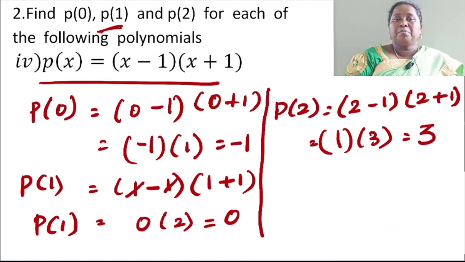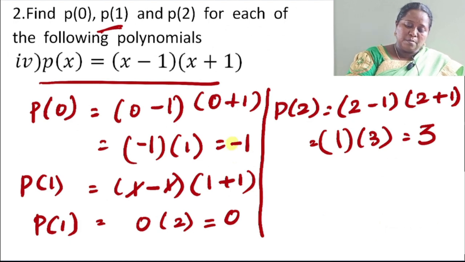Once again I will repeat the sum. We have to find P of 0, P of 1, P of 2 for the polynomial. What is the polynomial here? P of x is equal to x minus 1 into x plus 1. First I am going to find P of 0. P of 0 is equal to 0 minus 1 into 0 plus 1.